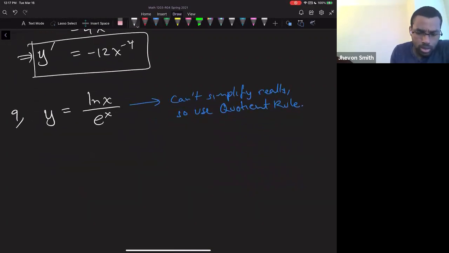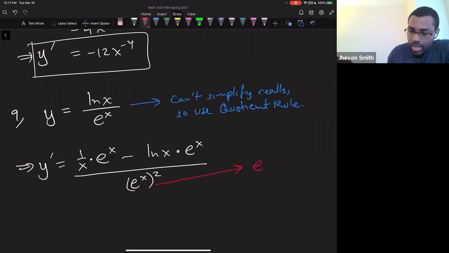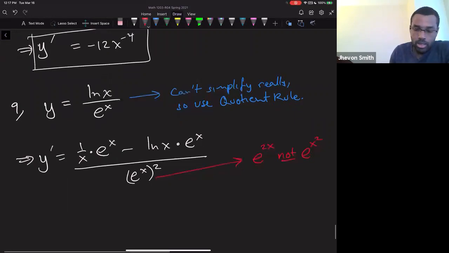It's the bottom times the derivative of the top minus the top times the derivative of the bottom over the bottom squared. Common mistake. This is e to the 2x, not e to the x squared. Remember, when you raise a power to another power, you multiply the powers. It'll make a difference.